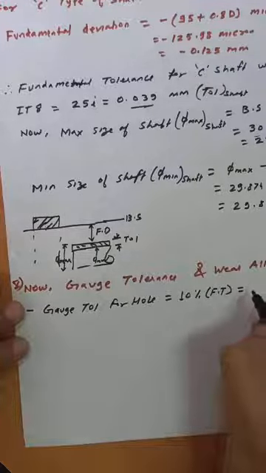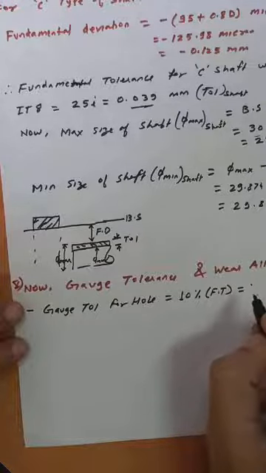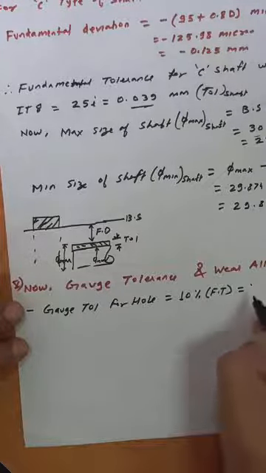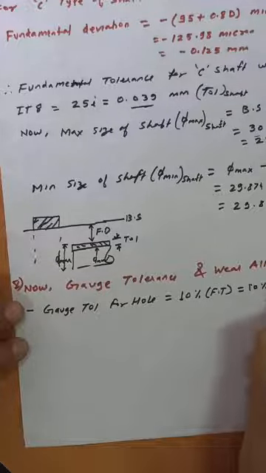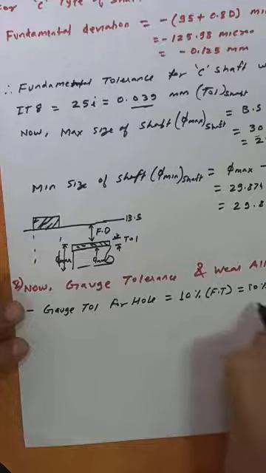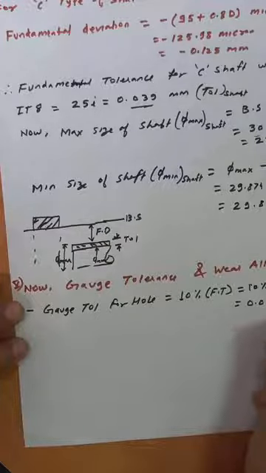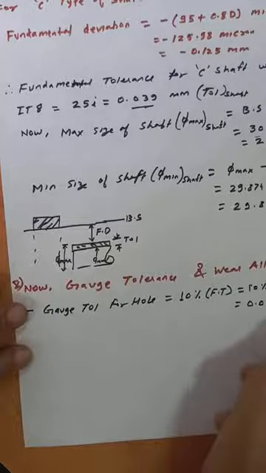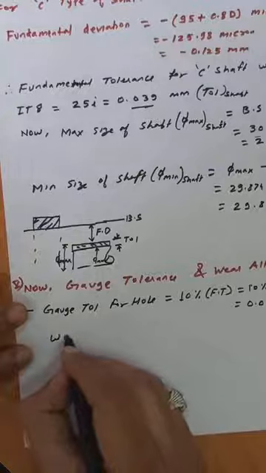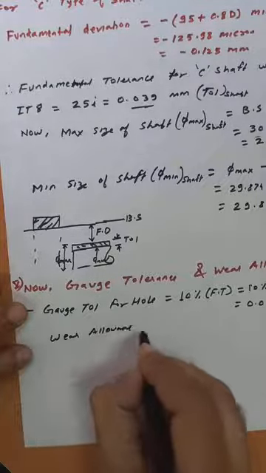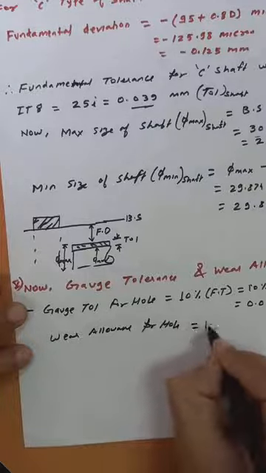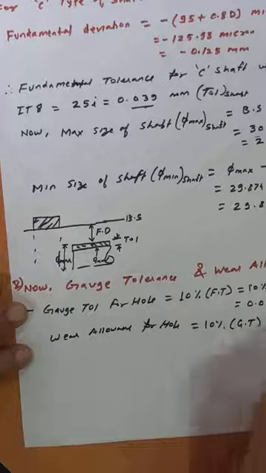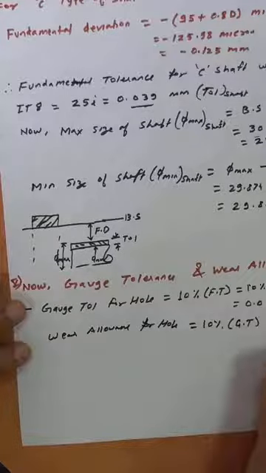So 10% of the fundamental tolerance for the hole, 0.02496, comes to about 0.0025. Then the wear allowance for the hole is 10% of the gauge tolerance, so it comes to be 0.0010225 mm.